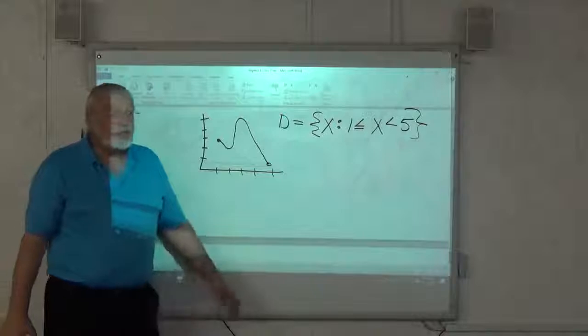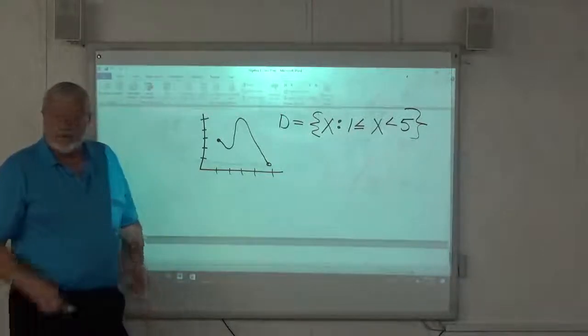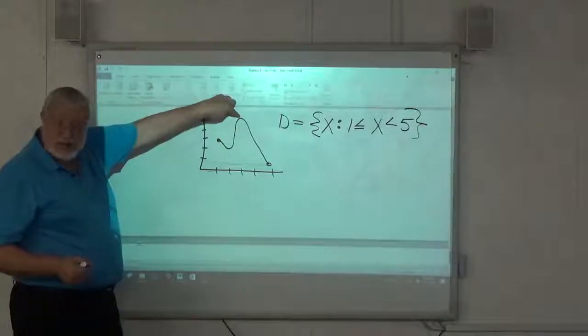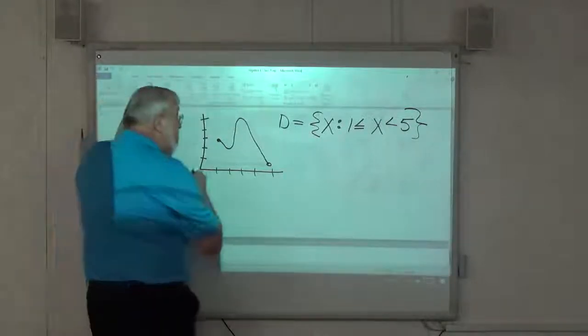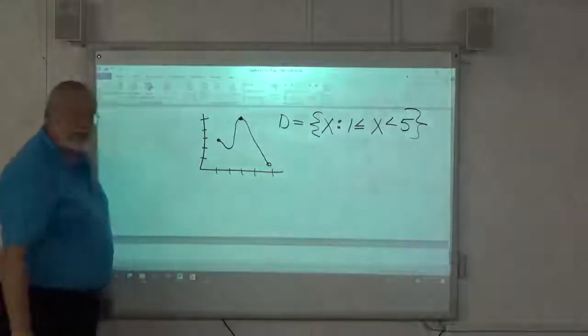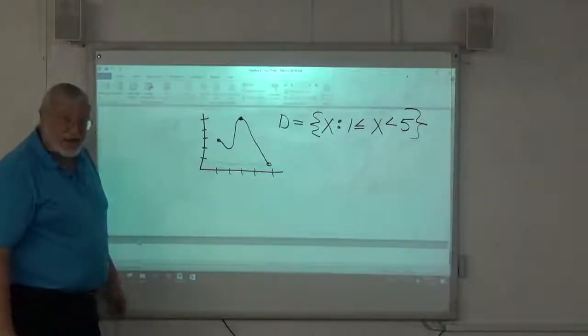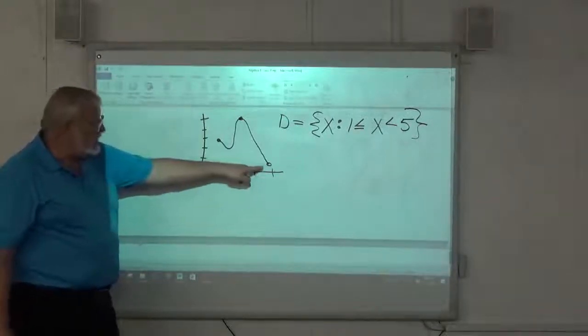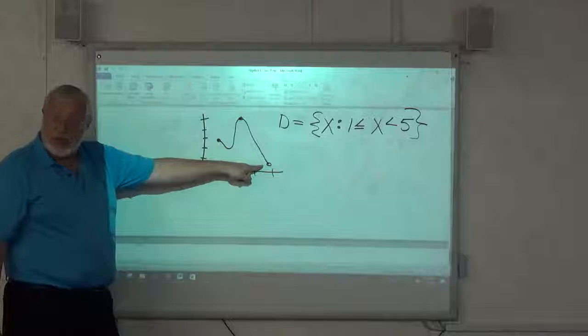Now, tell me what you do for range. For range, I take the top, and is it equal to it there? Technically, yes, so that's a dot on the graph, but what about the lowest point?